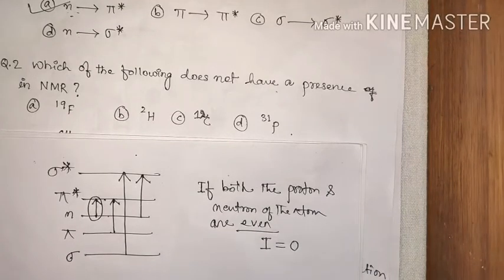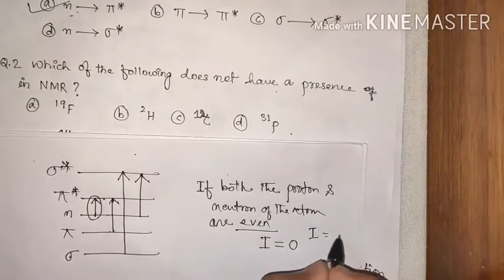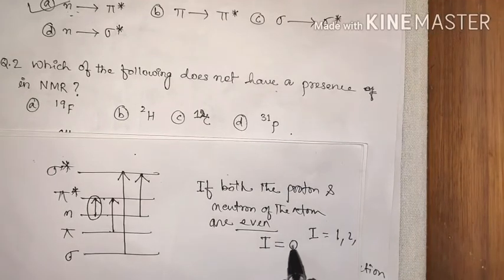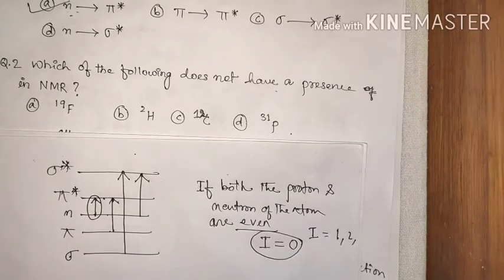But if the proton number is odd and the neutron number is also odd, then I will be an integral value, like 1, 2, 3. But if this I is equal to 0, that means the nuclear spin is 0, and that atom will not show the NMR spectra, okay.